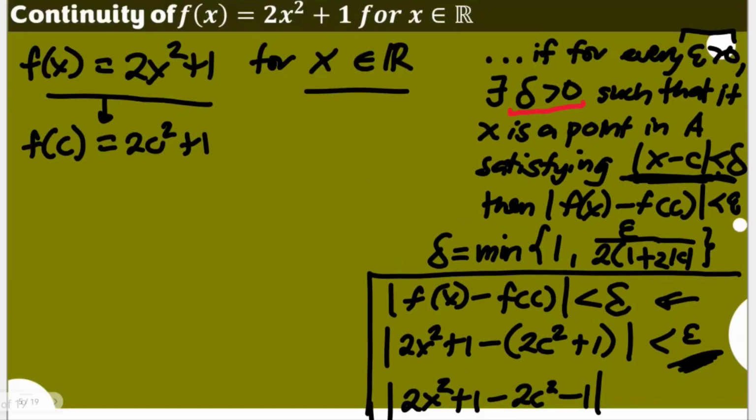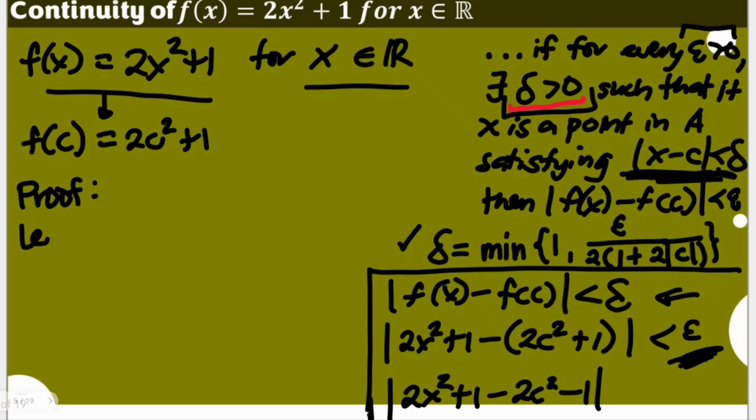Now, finally, we have our delta. There exists delta. This is the time we can start with our proof. Yes, we can start our proof once we have established our delta. Let's start with letting epsilon be greater than 0. And since we're able to identify our delta, we are also going to assume that here, that's the purpose of our scratch work, so that we could actually declare our delta as part of the definition.